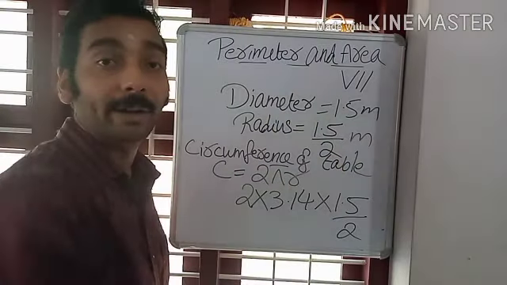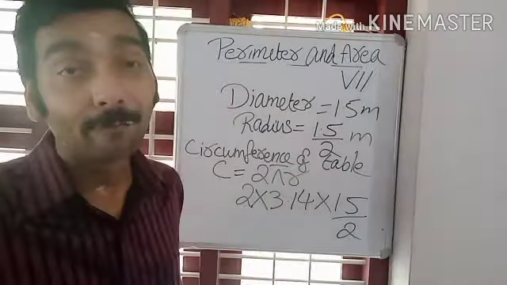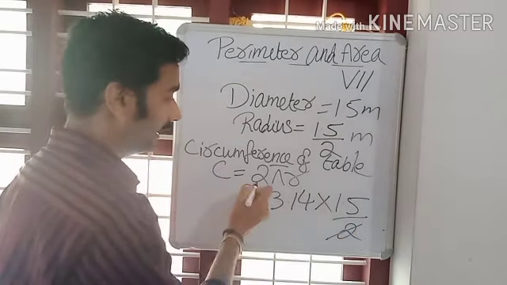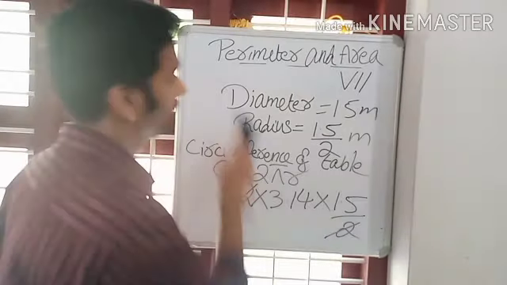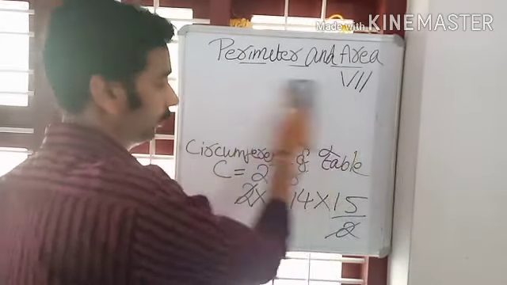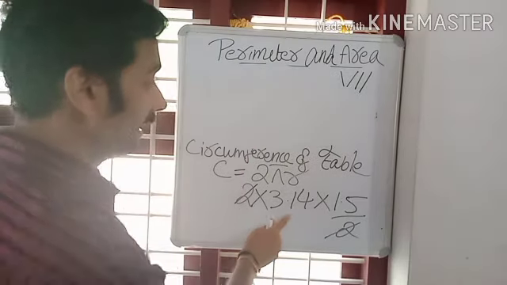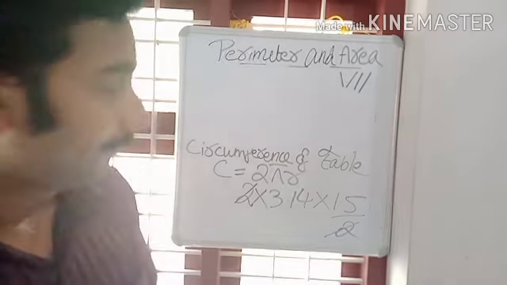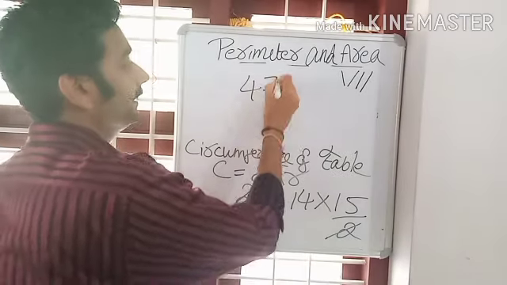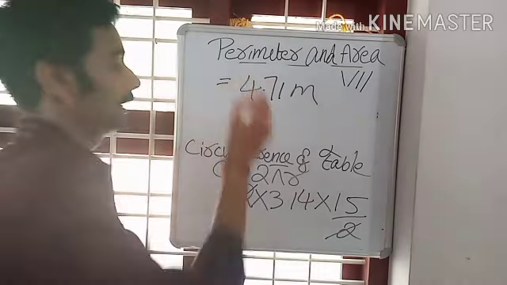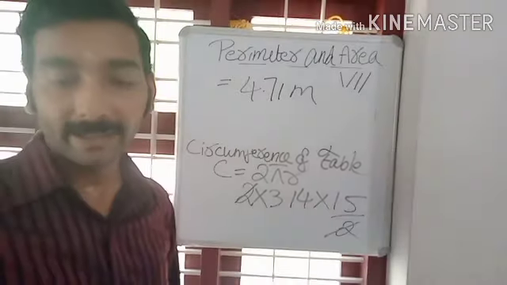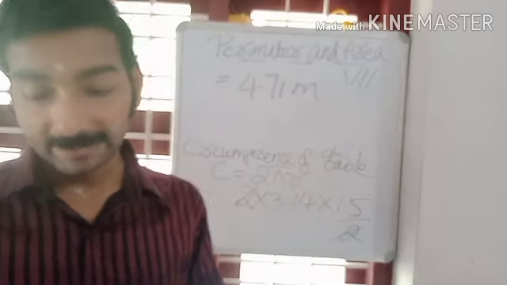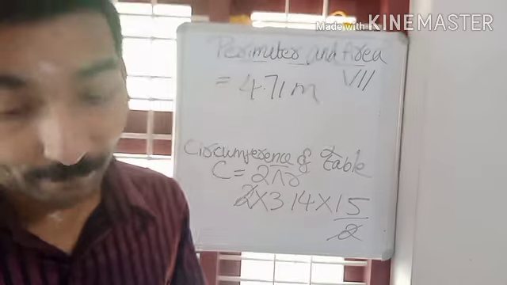The diameter is 1.5; the radius is half of the diameter. Then 2 cancels. Then you multiply 3.14 into 1.5. The answer is 4.71 meter. Clear?